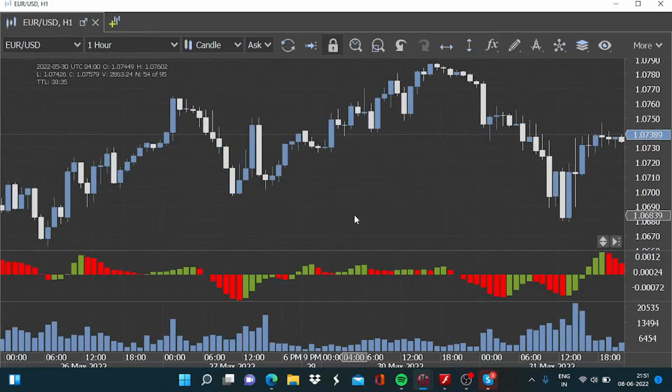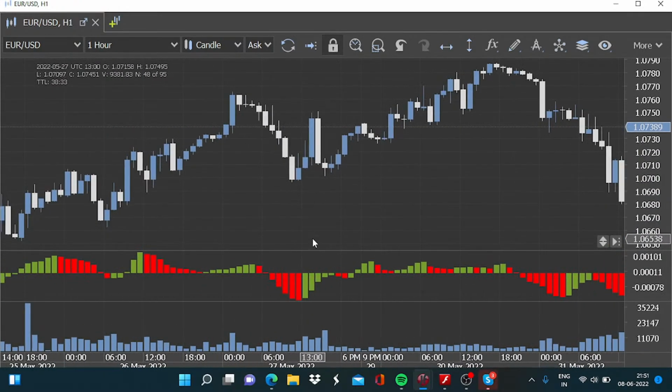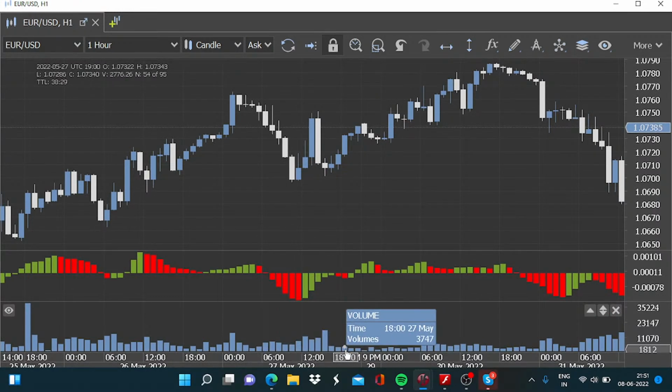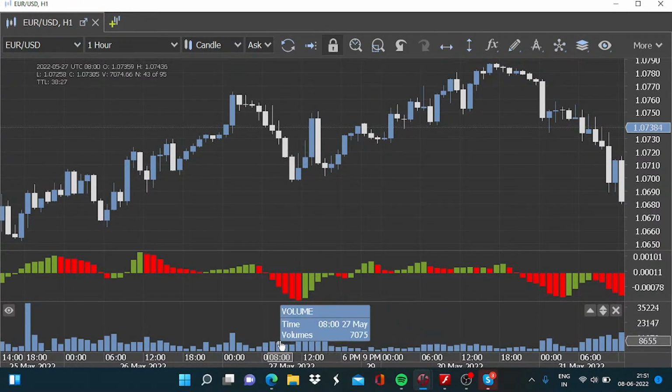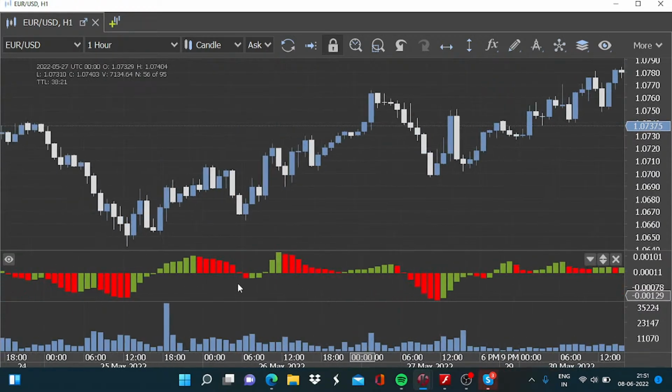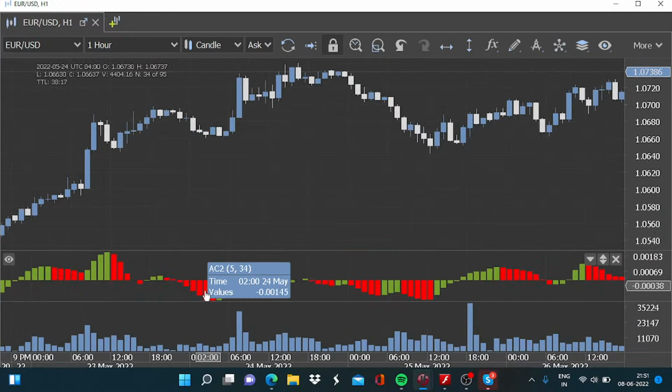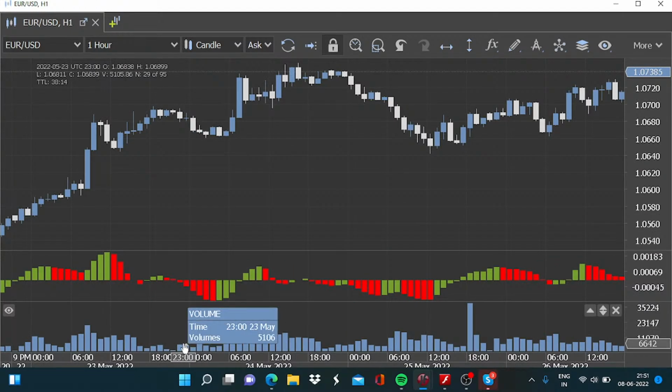Let me figure out at least a single case where our algorithm might have picked up a trade. Not here. I think here it might have happened.